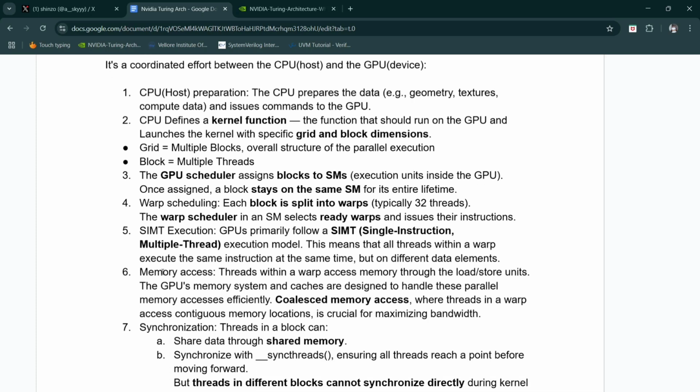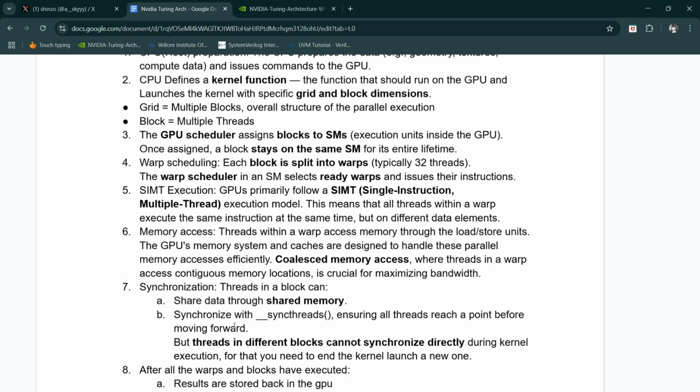Memory access happens through load store units. Synchronization: threads inside a block can synchronize. This sharing of data happens through shared memory, which was either 32 KB or 64 KB based on the programmer, and then this will synchronize the threads.